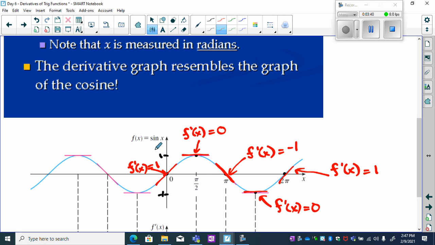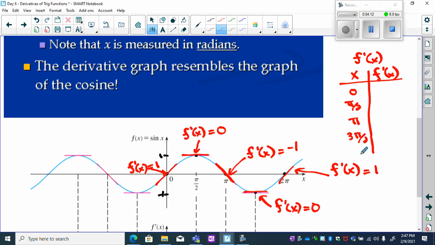Now I can use that information to draw the derivative. So here is a table for the derivative. And x and f prime x is going to look like the following. So I'll still use the same x values, 0, pi over 2, 1 pi, 3 pi over 2, and 2 pi.